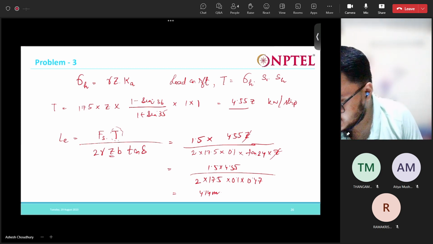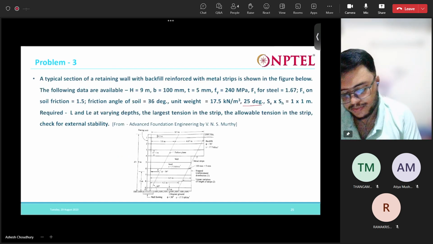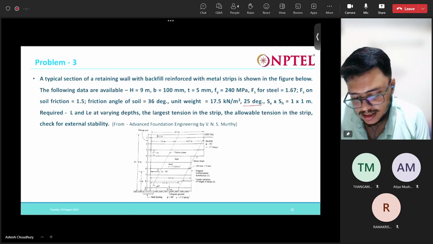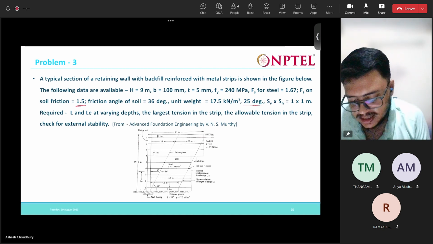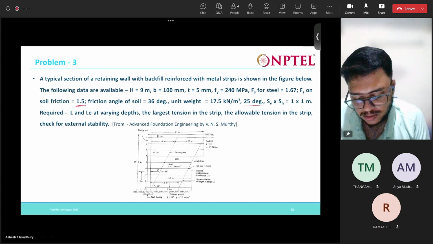Now if we see the figure, we can see 9 strips are used, and we can see the position of the strips from 1 to 9.